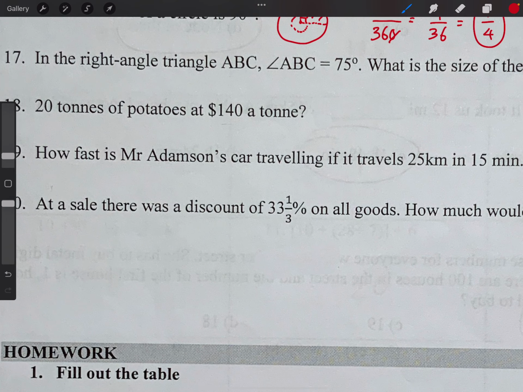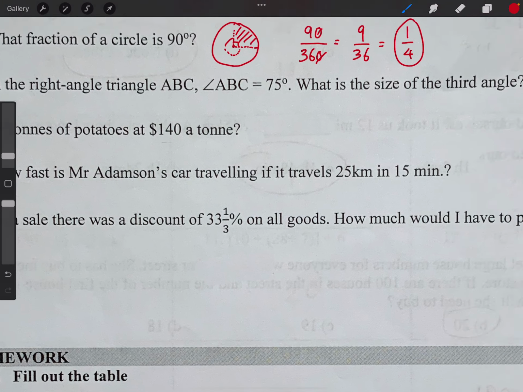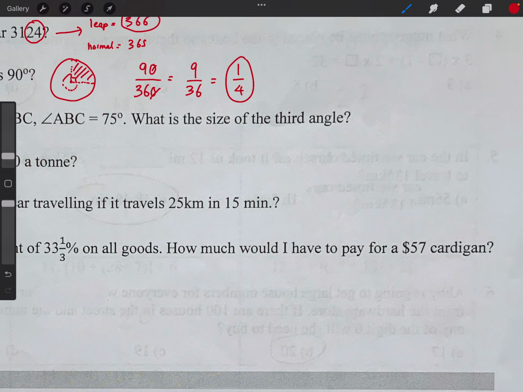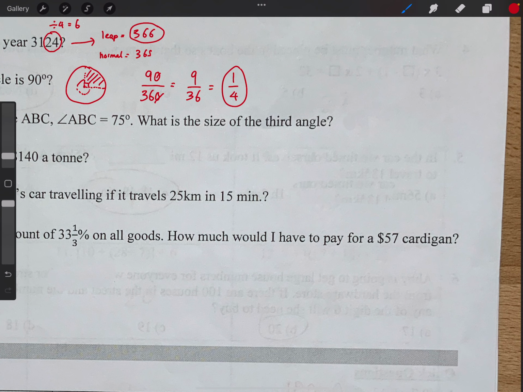Number 17. In the right angle triangle ABC, this one is 75 degrees. What's the size of the third angle? So let's say that's 90 degrees because it's the right angle triangle.